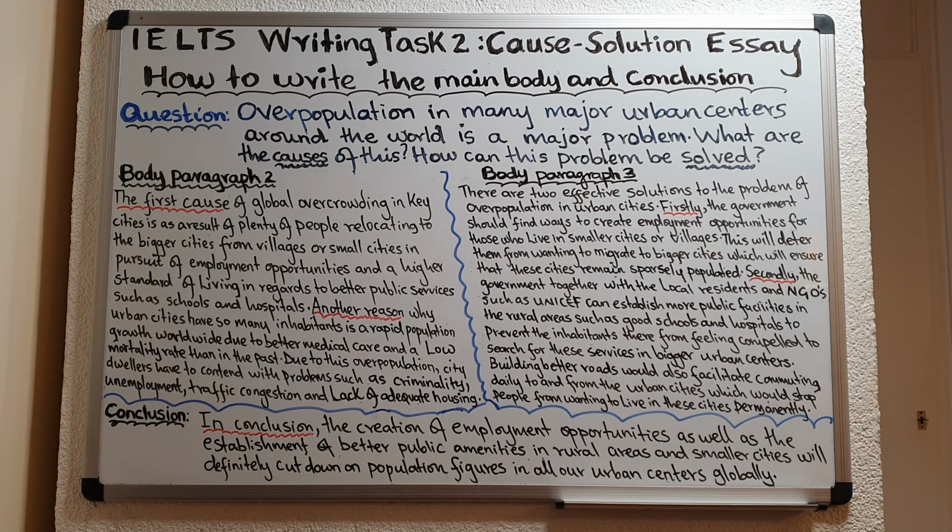So if you have better roads from your village to the city and you're able to go to the city and come back, then you will not want to go and live there permanently because you can commute. In other words, maybe if you have a job in the city and the transport is so good, you can still live in the village, and in the morning you go to work and come back in the evening.